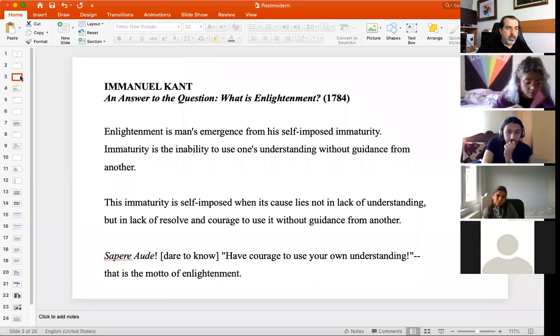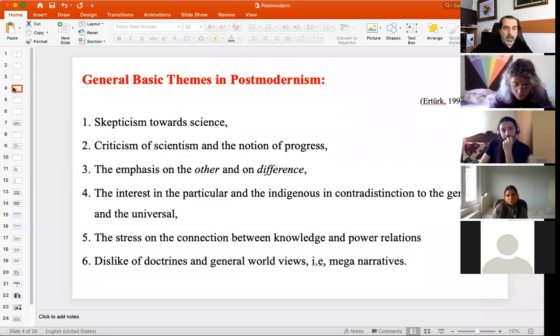So in order for us to be mature human beings, we have to learn how to use our own reason and defy the authority that denies reason, etc. But there are also some criticisms towards enlightenment, which actually started in the very period in which enlightenment philosophy emerges. That's interesting. One of the most important criticisms is developed by the German idealism, as I have already told.